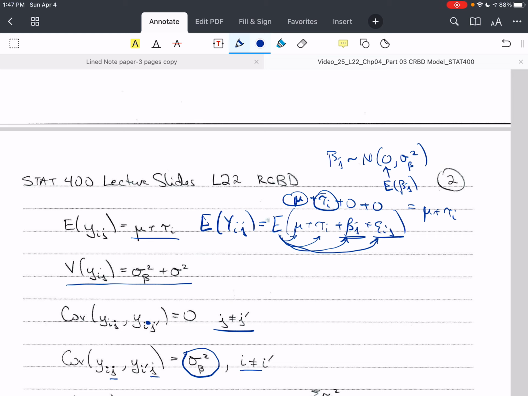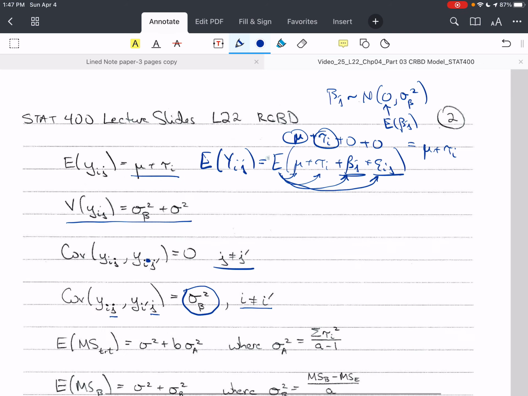Again, this is for i not equal to i prime. So for different treatments but the same batch of material, we expect the covariance between the observations to be the variance of the batch that they're in.